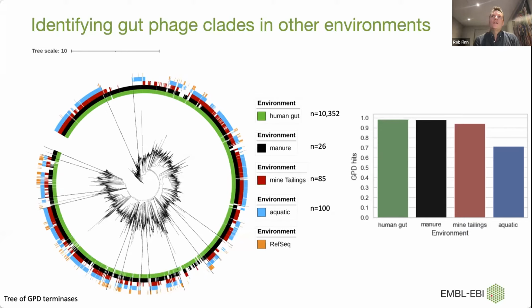And what we find is there are some big gaps. There are lots of cases where human gut and manure have a very similar pattern, which is not really surprising, but there are some gaps. That's about 5 o'clock on this phylogenetic tree. There are cases where a phage seems to be very specific to the human gut, but there are also areas where we find it across multiple biomes, including aquatic environments.